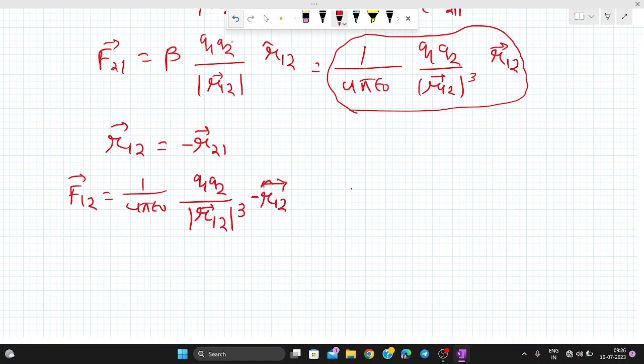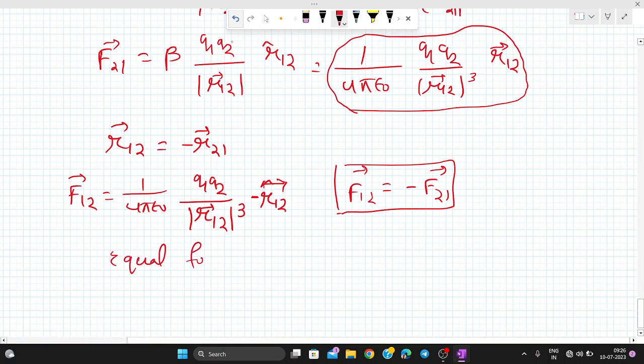So I can write it as F12 is negative of F21. So what is the conclusion you are getting from here? It is clear that both the charges will exert equal force upon each other but in opposite direction.